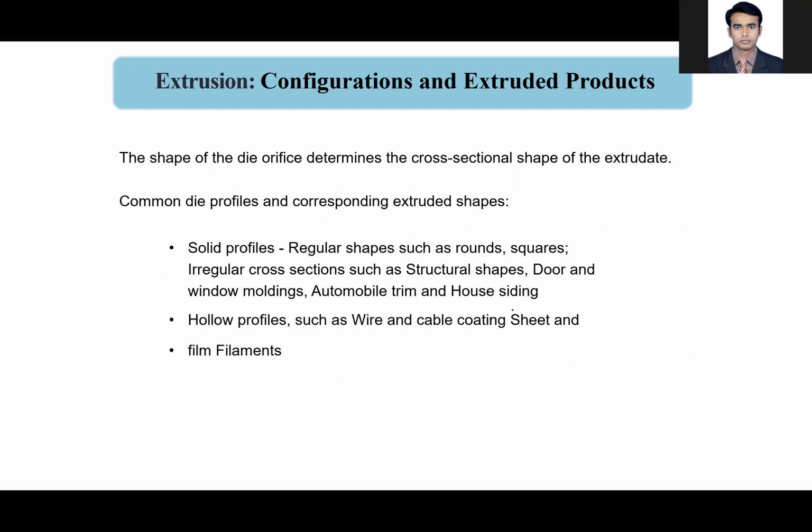Okay, next is the configuration of extruded products. Products can be of 3 types. Okay, the solid profile, that means the product of extrusion is actually called the extrudate. The extrudates can be solid profiles, where there's no hollow part, and then hollow profiles like wire or cable coating, and sheets can be produced using the hollow profile, and then finally film or filaments for fiber making.